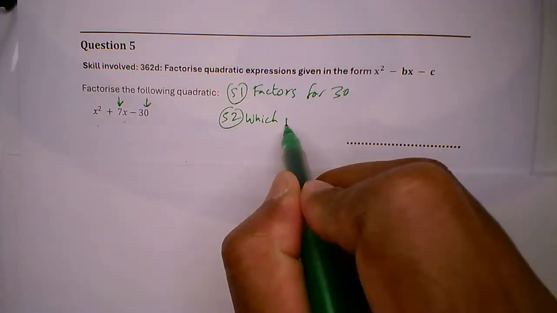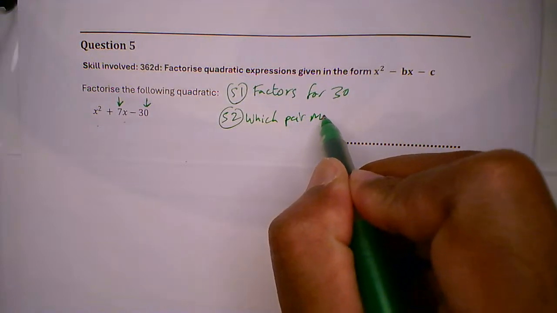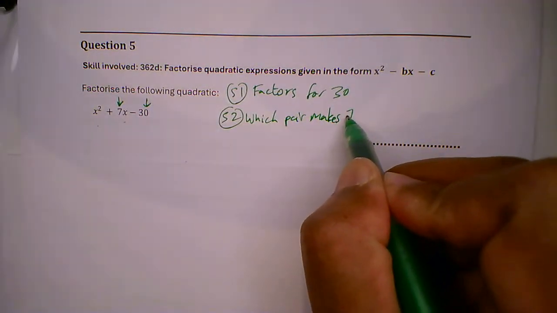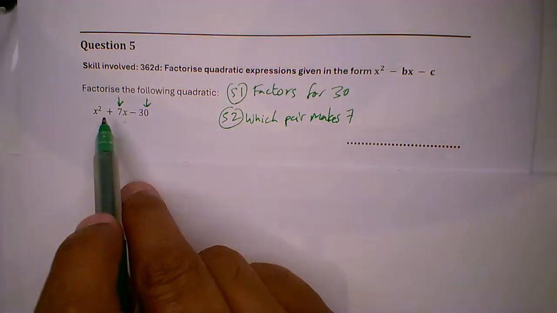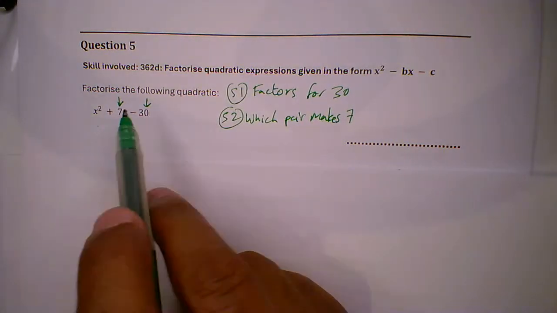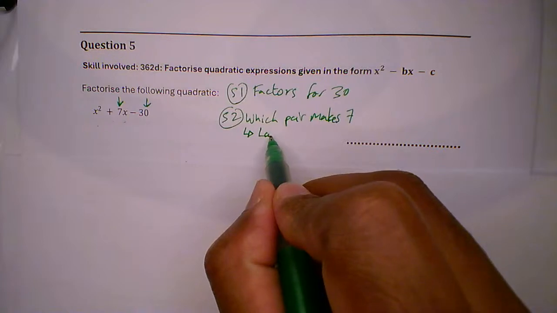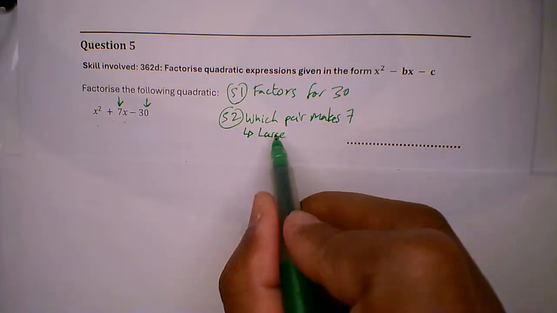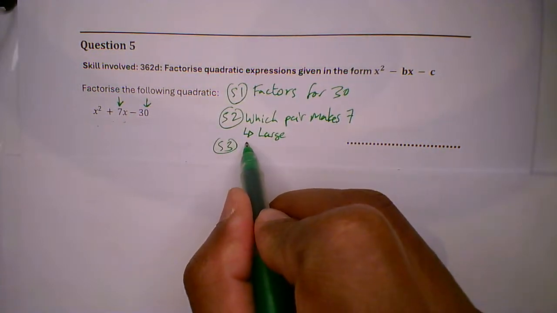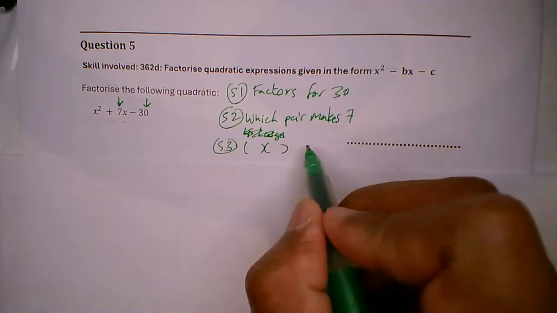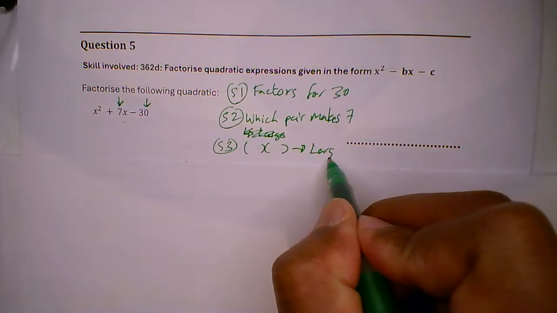Which pair makes 7? And then we've got plus and minus, so the larger number will have the positive sign. Actually, that would be our step 3. So step 3, we put it in double brackets, and the large number carries the sign.